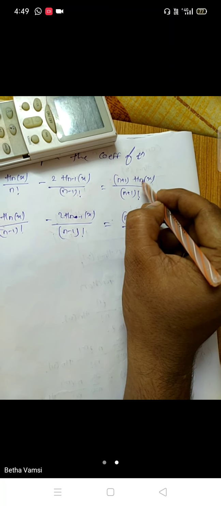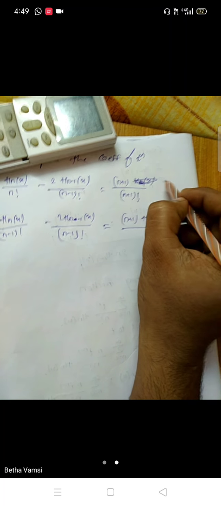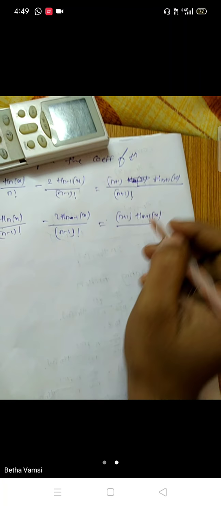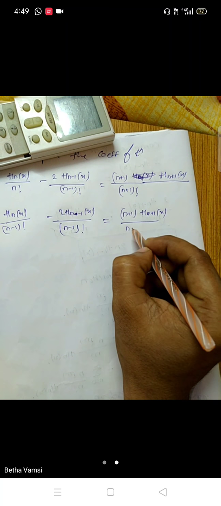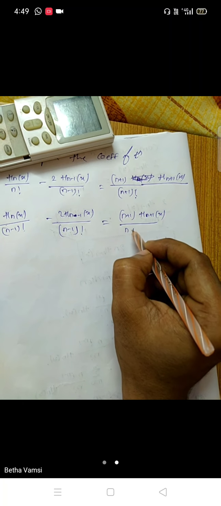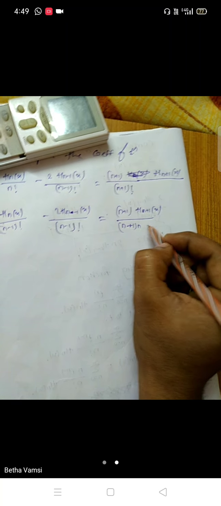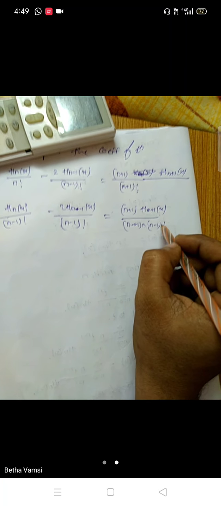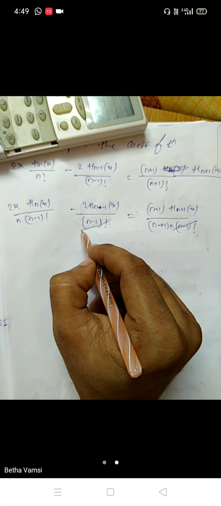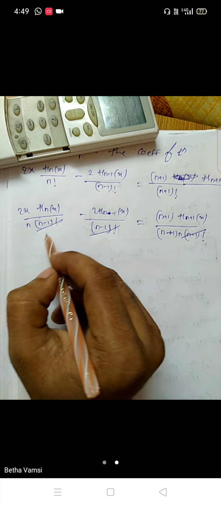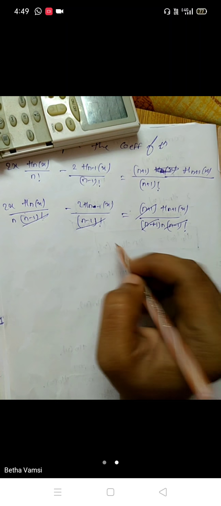Here the (n minus 1) factorial terms cancel out, and n plus 1 cancels out.